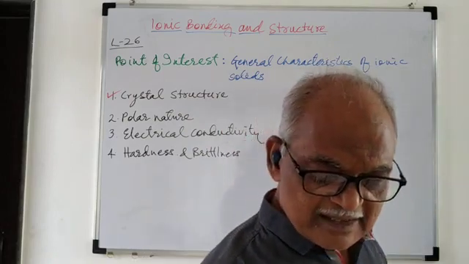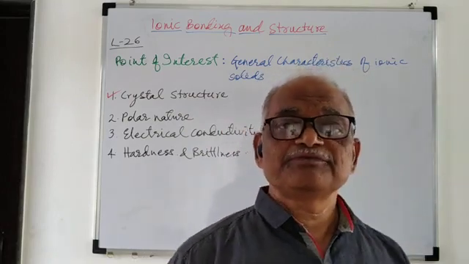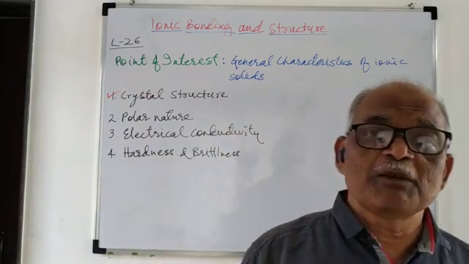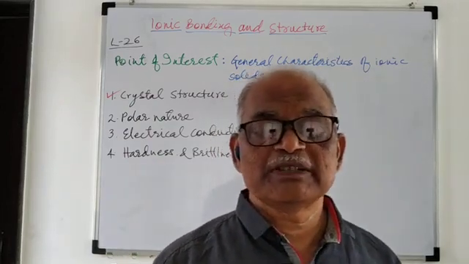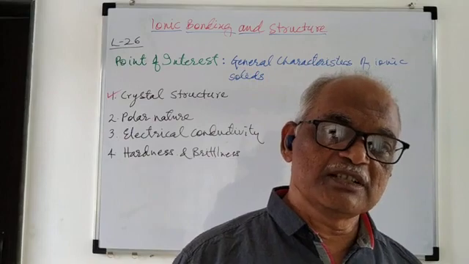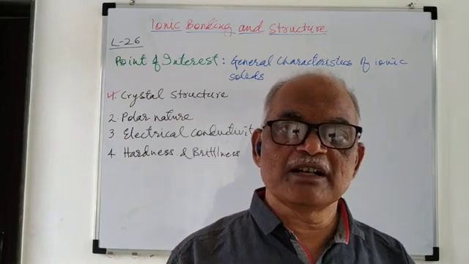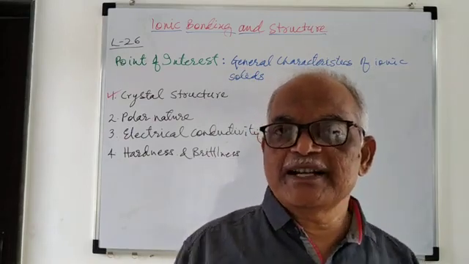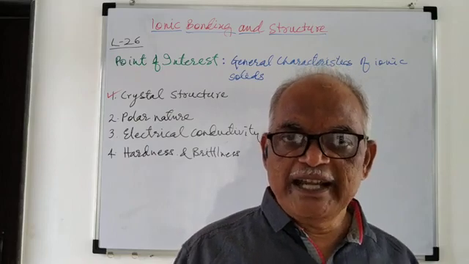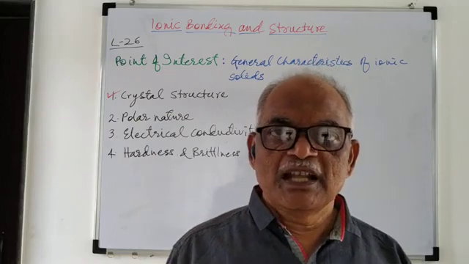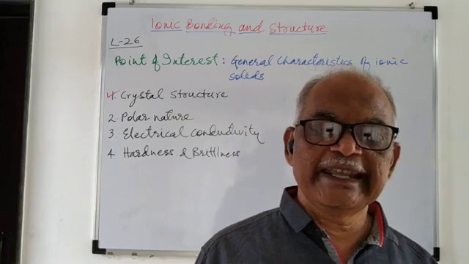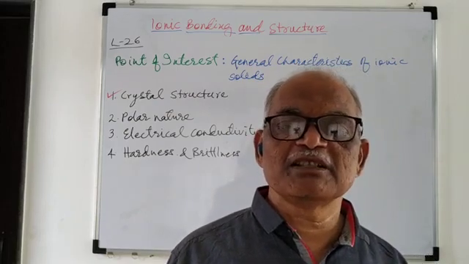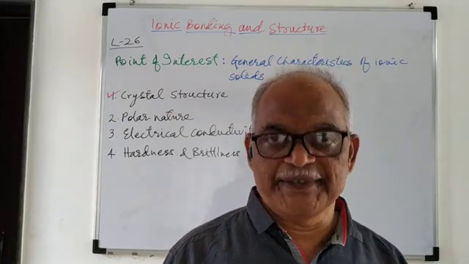So what is crystal structure? When a number of ions, that is cations and anions, are packed inside the crystal lattice, each anion or cation is surrounded by a specific number of oppositely charged ions.